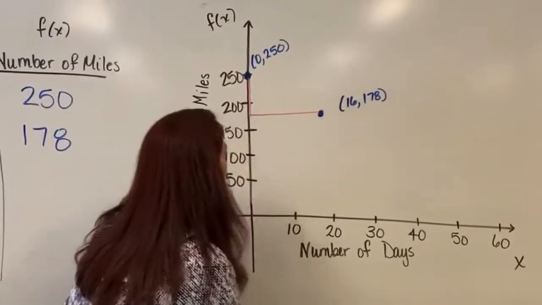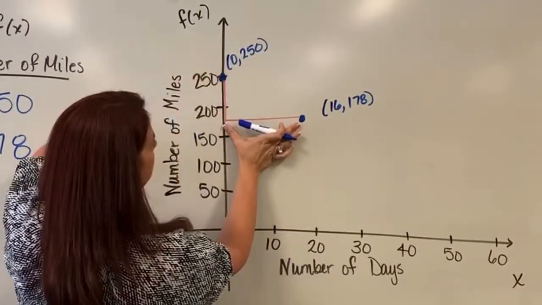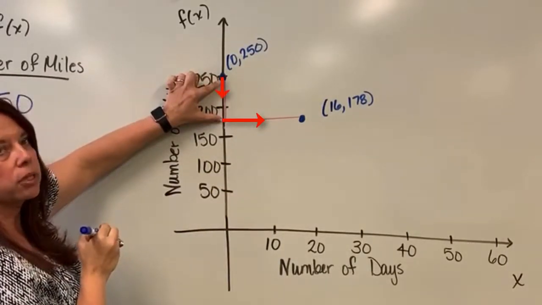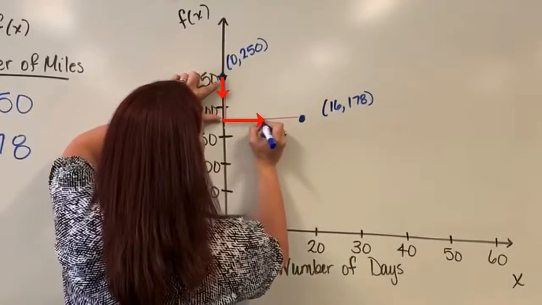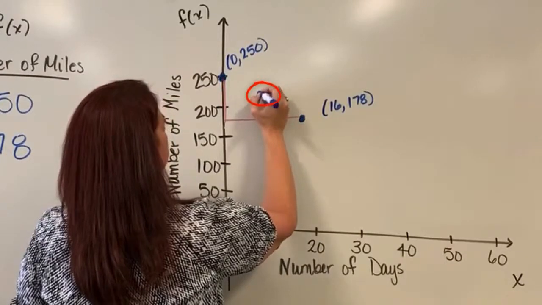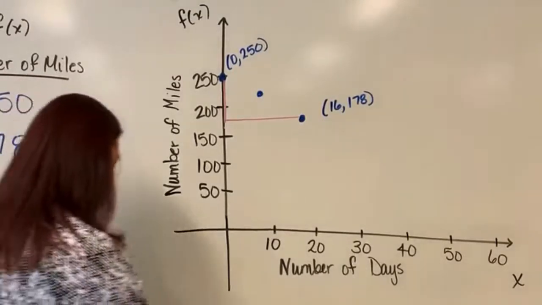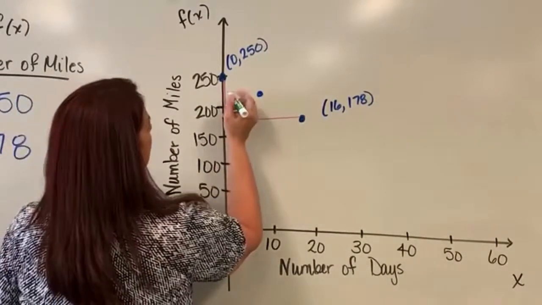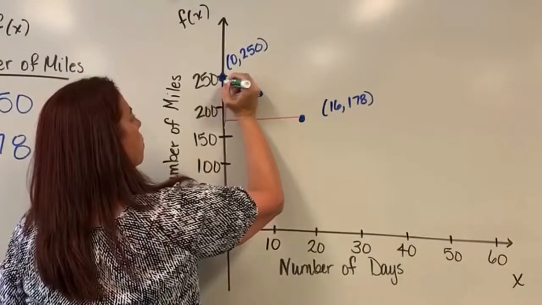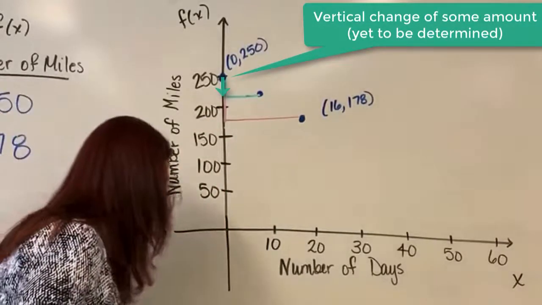So after 8 days, I have about half the horizontal distance for number of days corresponding to half the change in miles in the vertical distance. Halfway in this quantity is about halfway in the miles quantity. So I have a new point that I can use to explore this. I have a horizontal change of 8 days, and a new vertical change of some amount.